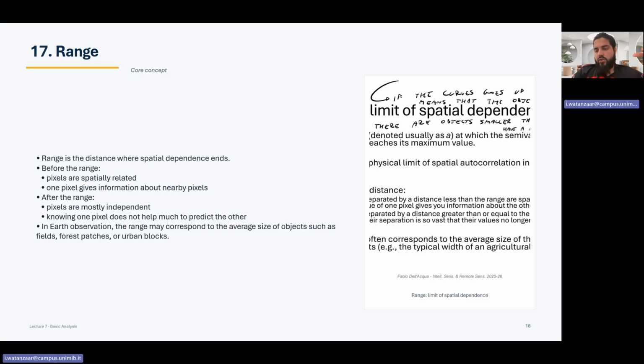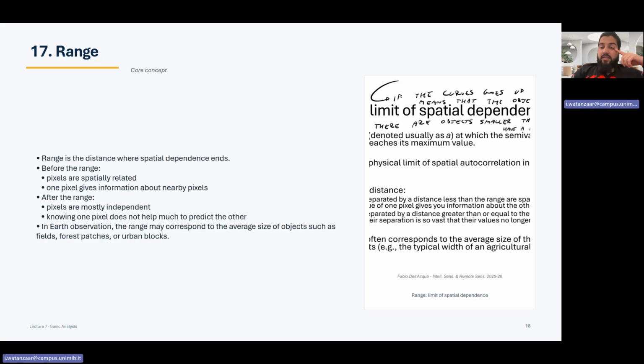After the range, if we are looking to predict, we will discuss one topic, kriging, which is exactly about predicting the next value. So how should we know where to predict the missing values, or the noisy data, or smooth the data? It is exactly from after the range.